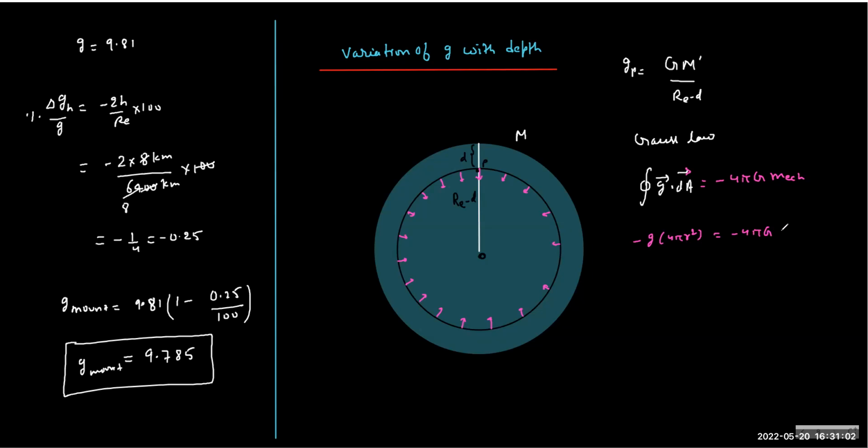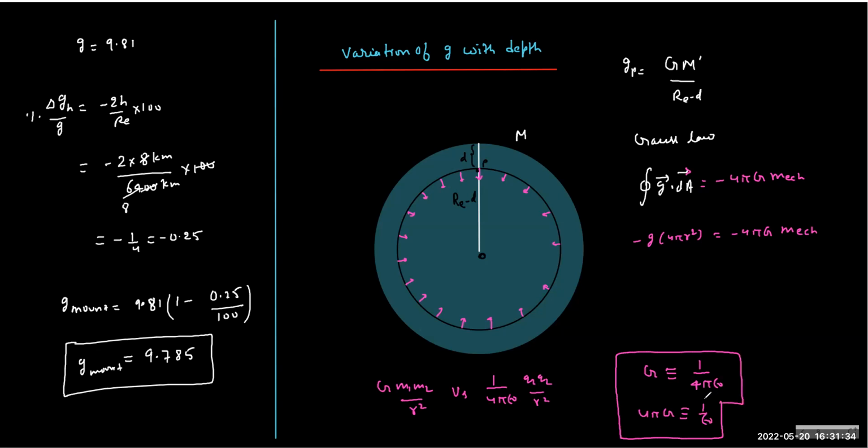So why 4 pi G? Oh, right. We derived it in electrostatics. If you compare the formula of gravitation, which is G m1 m2 by R square, against 1 by 4 pi epsilon naught Q1 Q2 by R square, Coulomb's law, the equivalence, you can see G is equivalent to 1 by 4 pi epsilon naught, so 4 pi G is equivalent to 1 by epsilon naught.